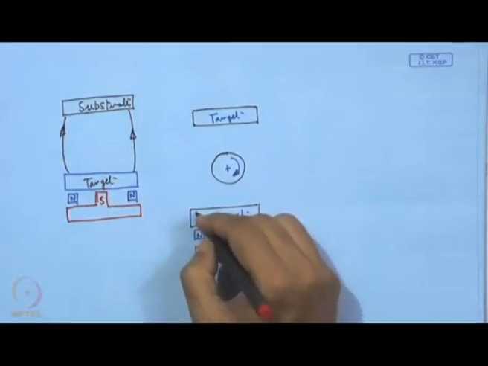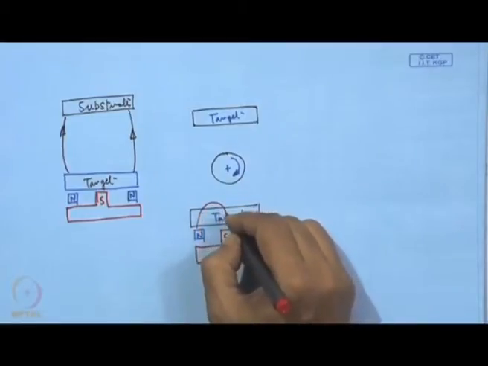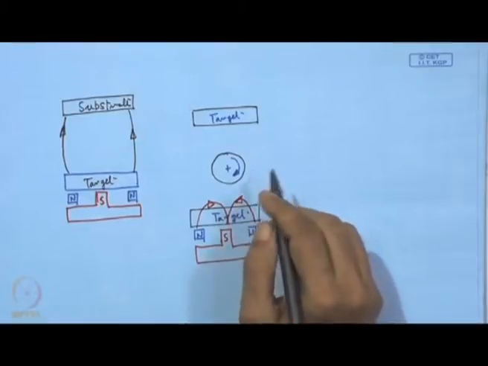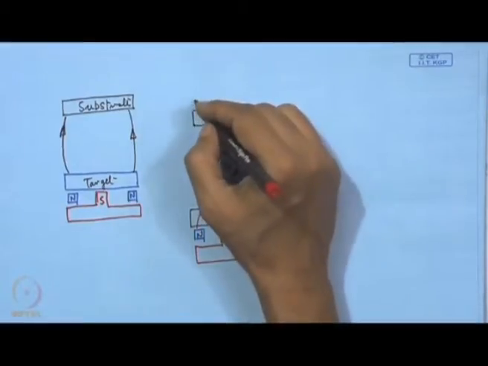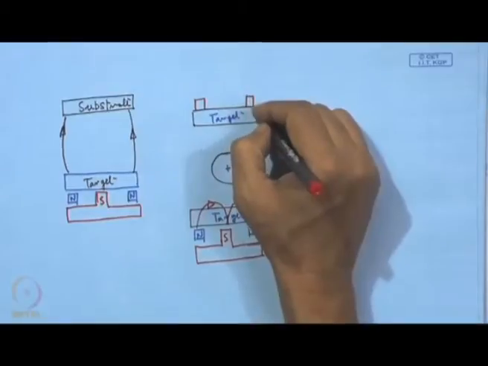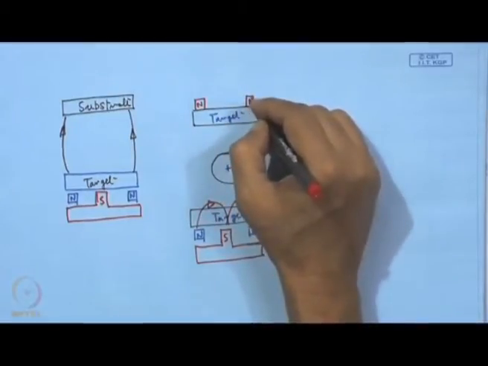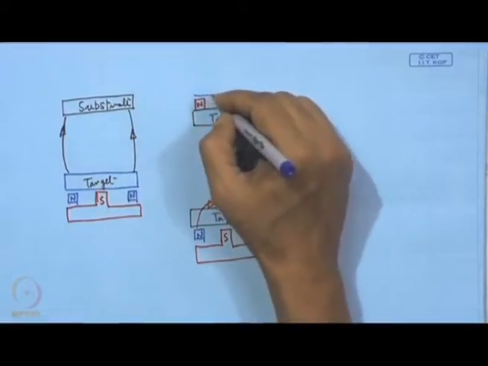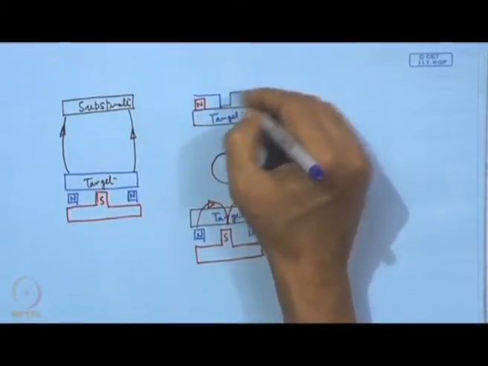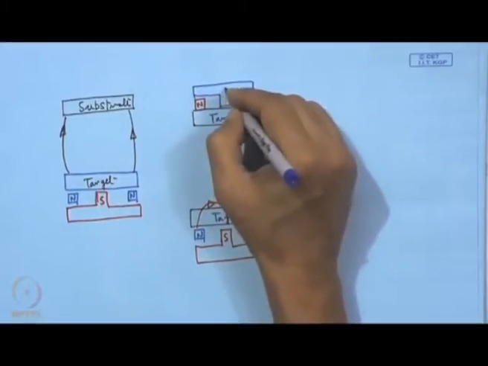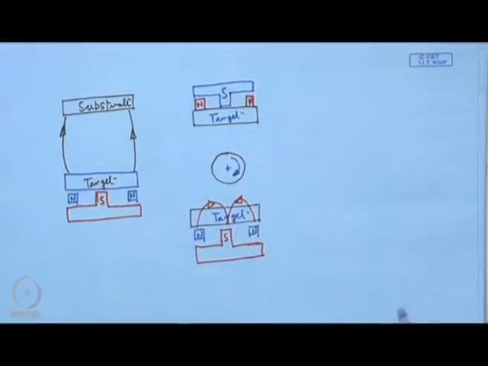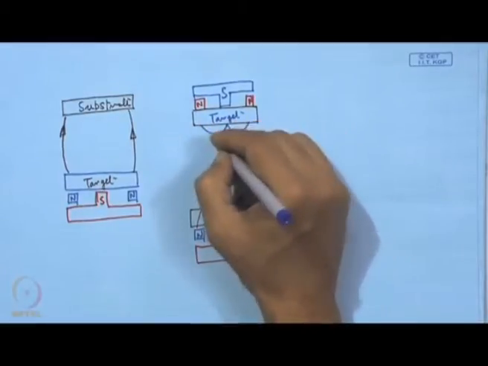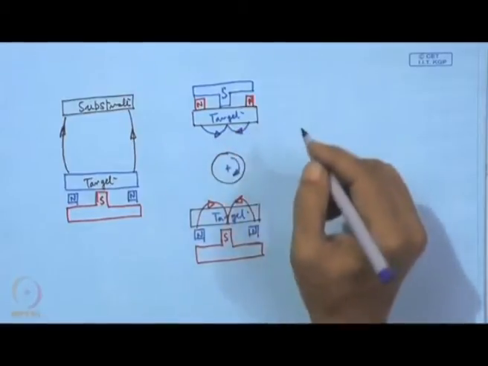This is south, so it will be a field like this, closing north to south. But here we also have north facing north. So, this is also a north pole, which is the ring magnet, and we have a central pole piece that is the south. This is also north to south, closing the lines of force, the field lines.